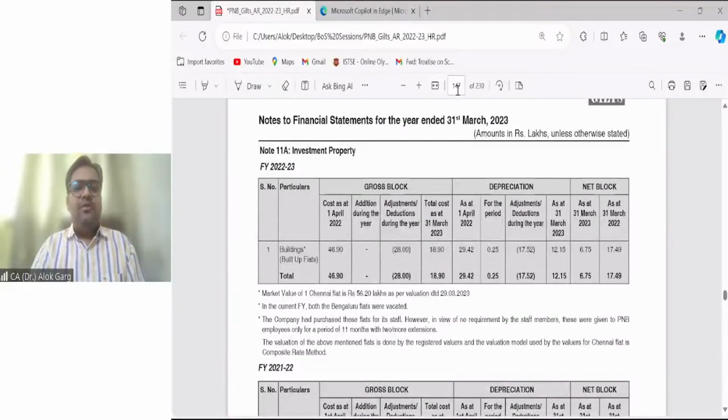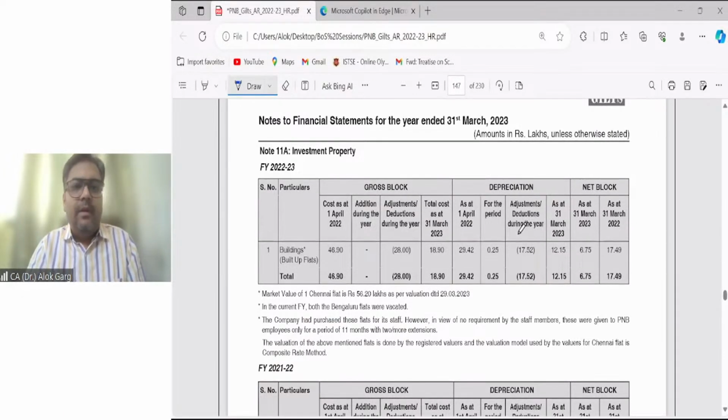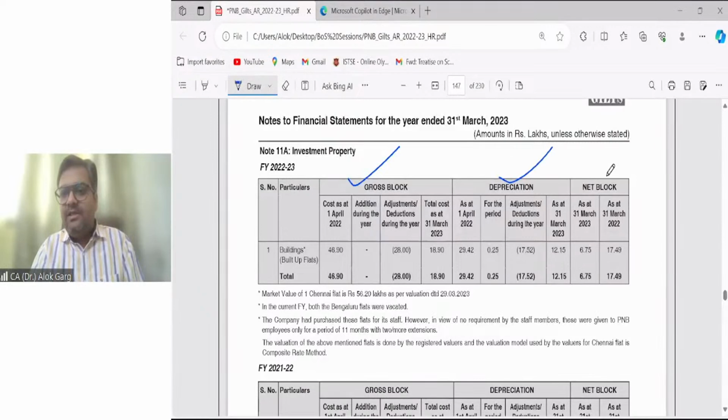Yes, you can see this note number 11A, right? And like property, plant and equipment, because I told you that it has to be measured at cost model, and the cost model is same which we have already seen in the property, plant and equipment. I mean to say that you need to give the gross block, accumulated depreciation, then there is a net block. You can see that, right?